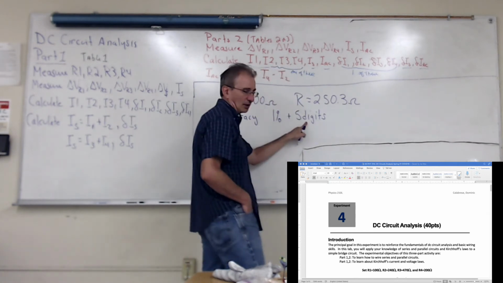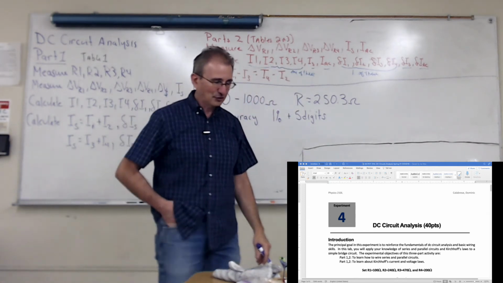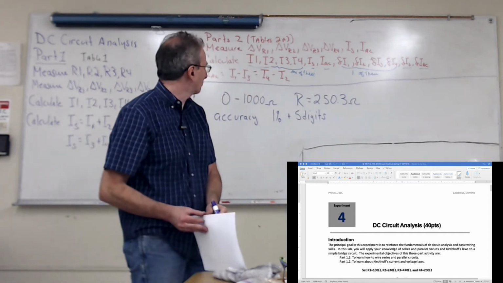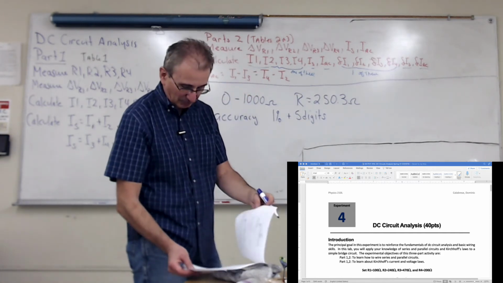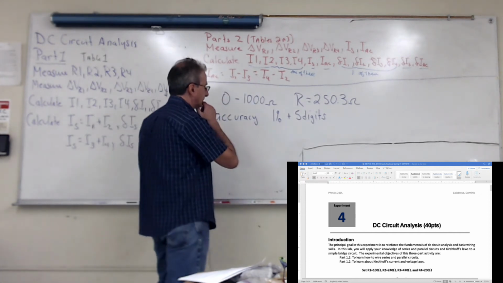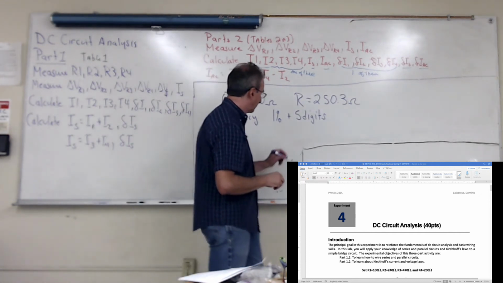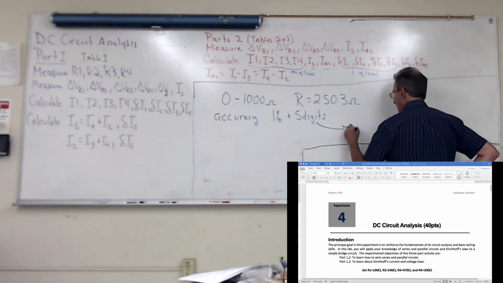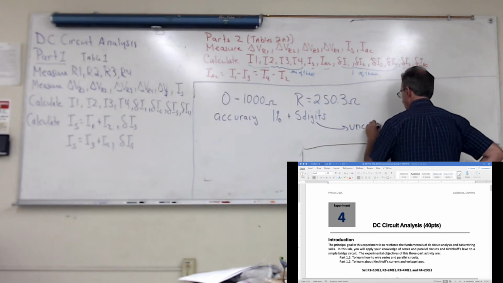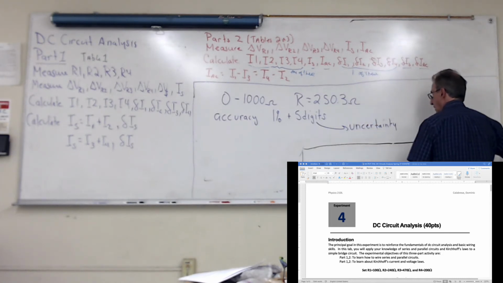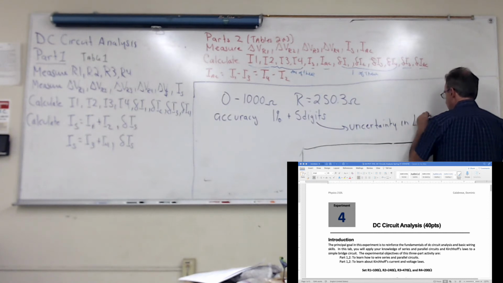And it's this term that's confusing. So let's say something like that, 1% plus 5 digits. So what does this mean? This last thing means the uncertainty in the least significant figure.